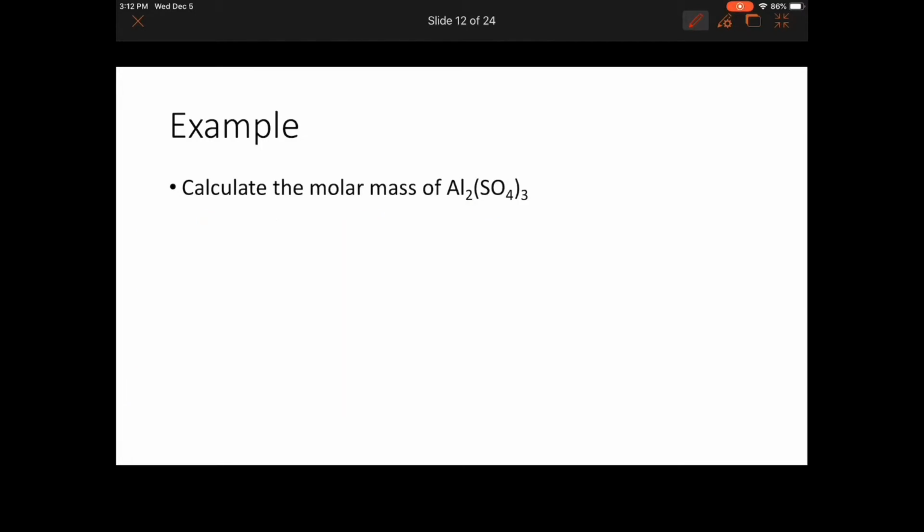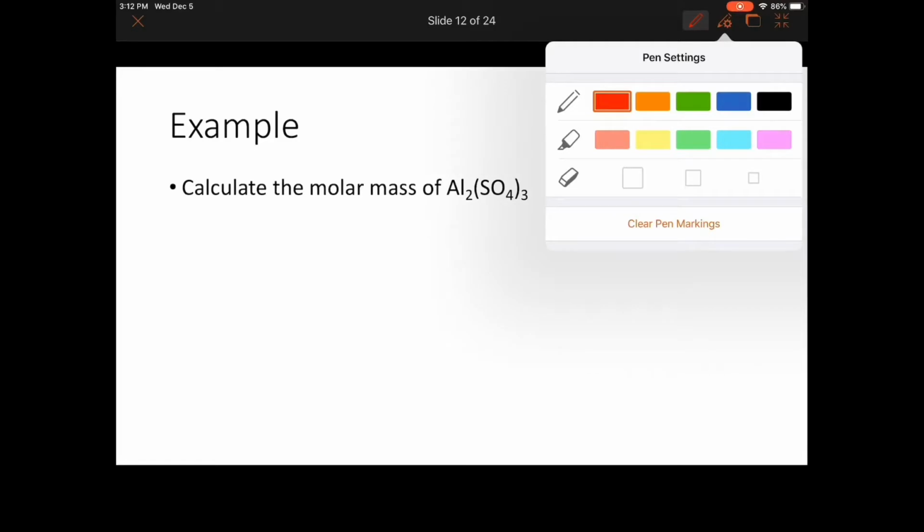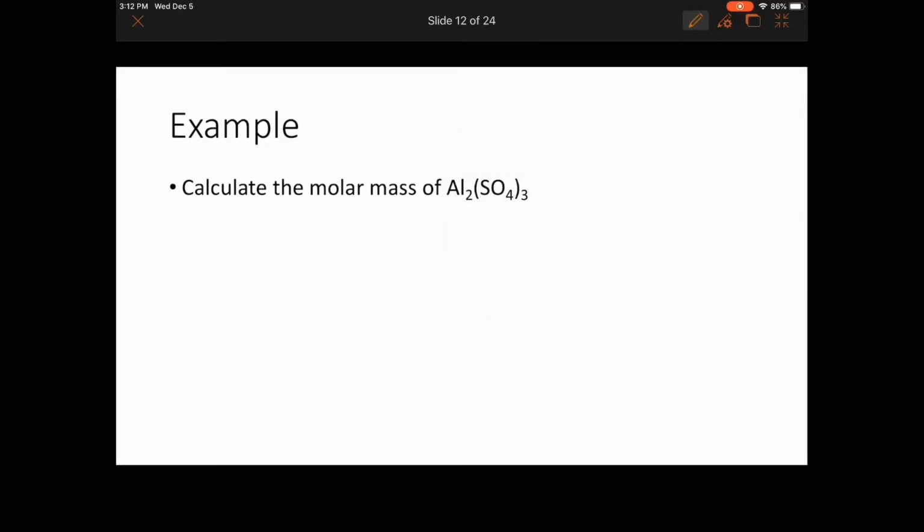I have one more example here that I would like to go through, just because this one's a little bit more tricky than it would be if you were to try it on your own at first, and you may figure it out right away, and that's great. First things first, remember we have to identify how many moles we have, but if you notice we've got parentheses here.